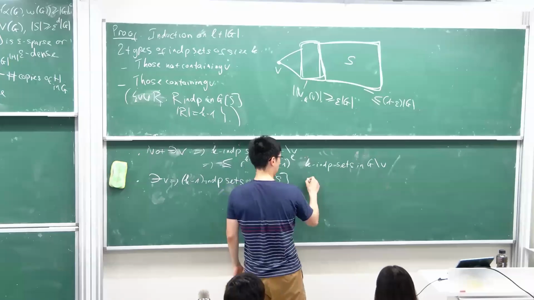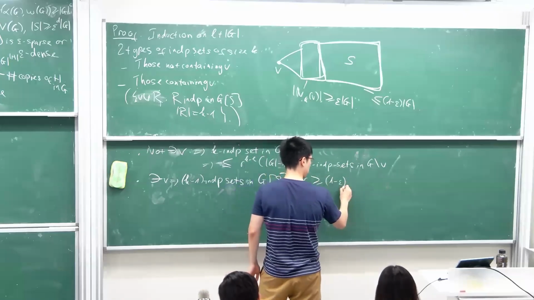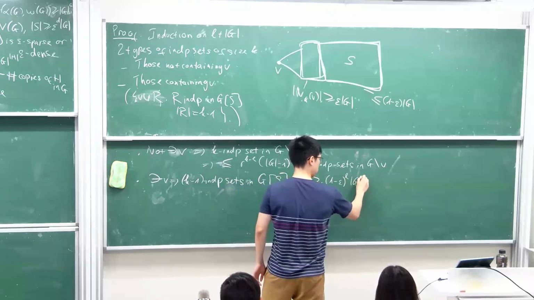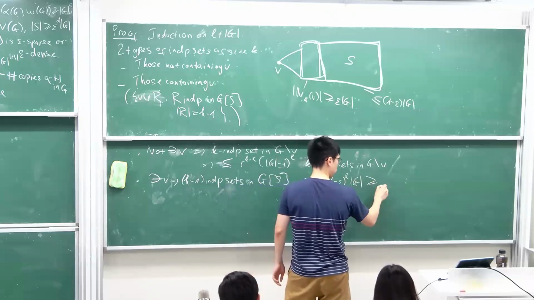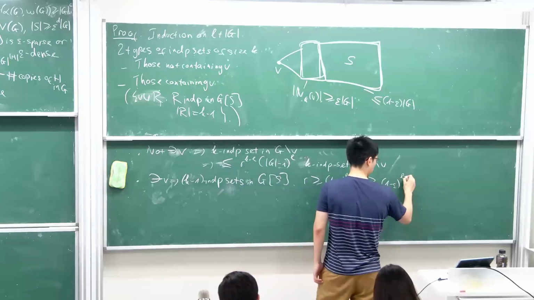So we have our list, 1 minus epsilon raised to the power of L times G, and also at least 1 minus epsilon raised to the power of L minus 1 times S.